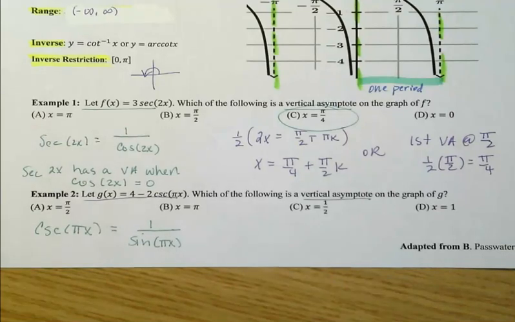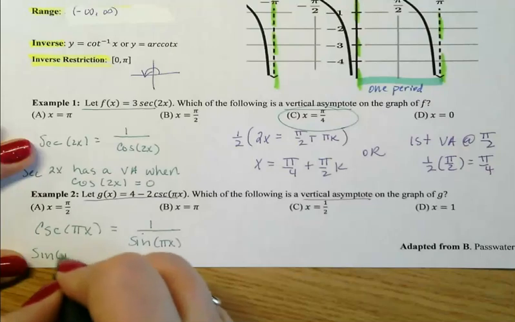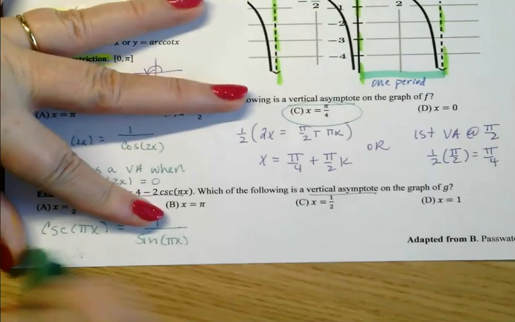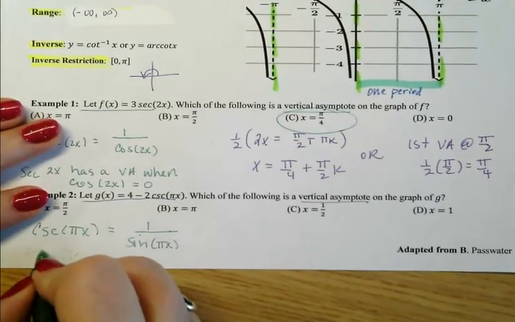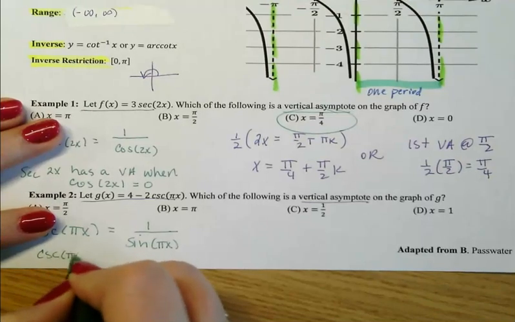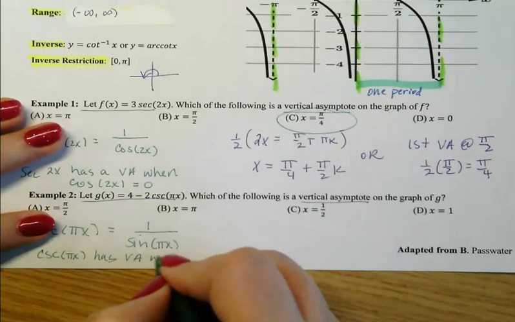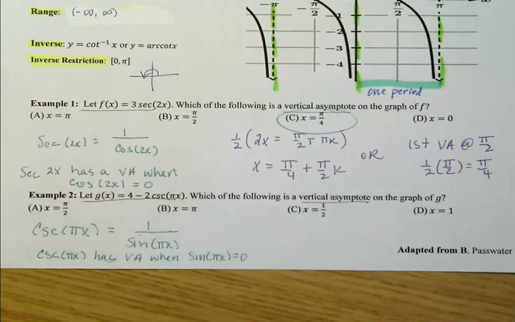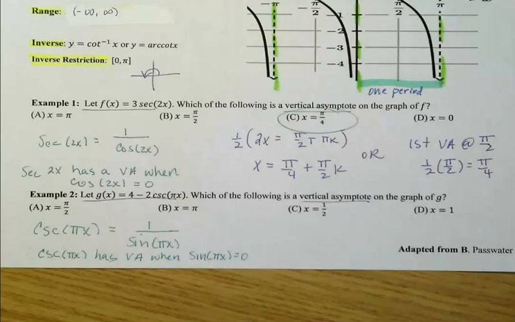And so we're looking at the fact that cosecant of pi x has a VA when sine of pi x equals 0. Okay, so pause your video. Pick one of these two methods to solve for your answer.